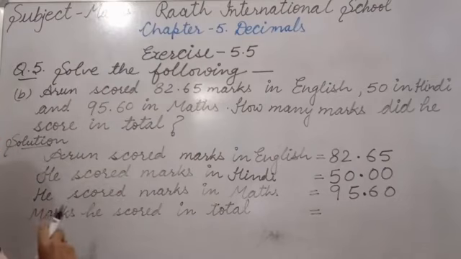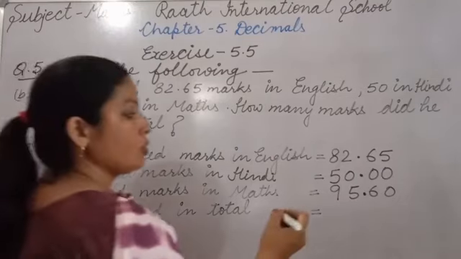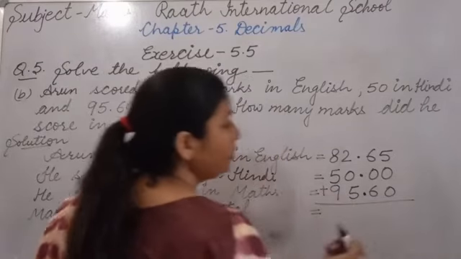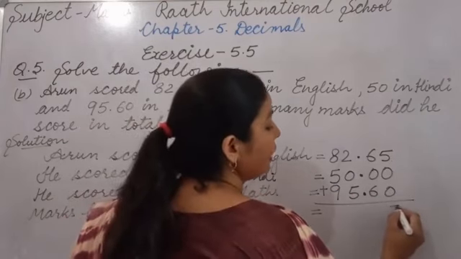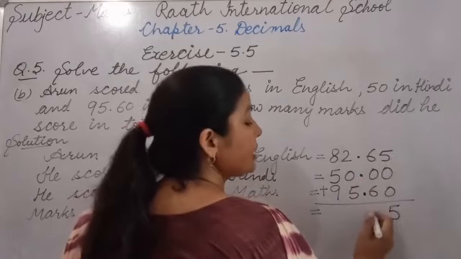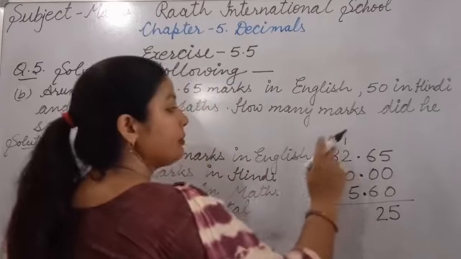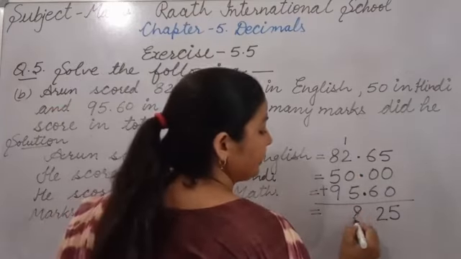Now the marks he scored in total. Total marks how much he scored. So for that we will do addition. Now we will do addition. So now 5 plus 0 plus 0, that is 5. Now 6 plus 0, 6. 6 plus 6, 12. 1 goes carry. 2 plus 1, 3. 3 plus 0, 3. 3 plus 5, 8.